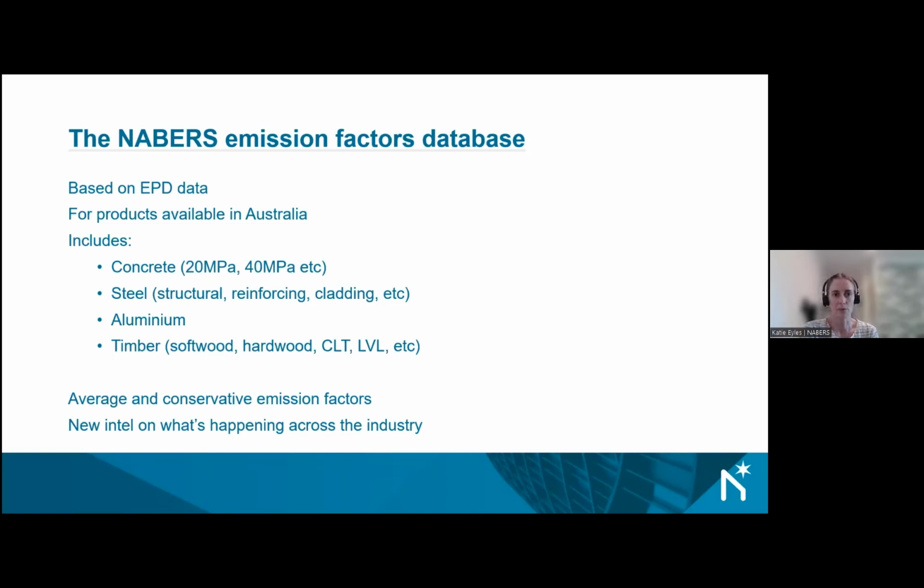Importantly, we will make this database available publicly, free of charge, so that everyone can use it, because the most important thing we've kept hearing throughout this whole process is alignment. Make it possible for everyone across Australia to be aligned, using the same things for buildings and infrastructure, so that everyone knows what to do and you're not trying to do different things for different rating schemes or different governments.